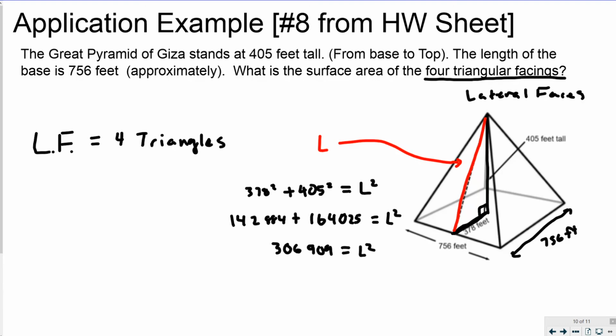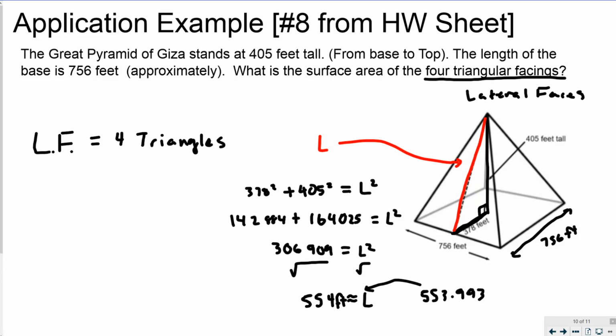So I'm going to take the square root of both sides, and I would get that L is approximately, and this means I'm rounding, 554 feet. The actual answer on my calculator was 553.993. So if we round it, it turns into 554 feet.